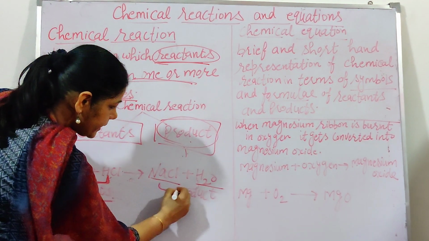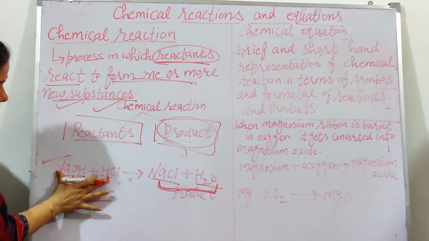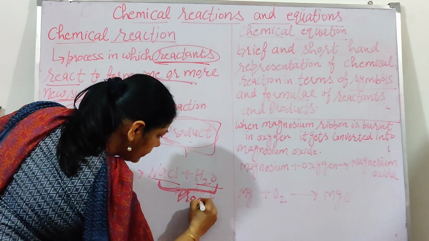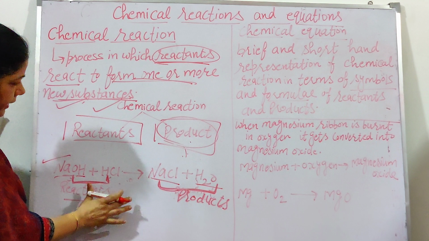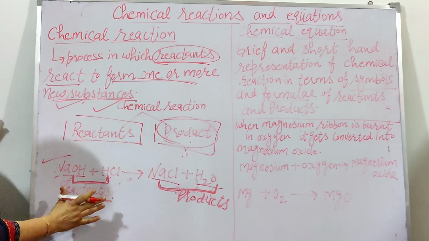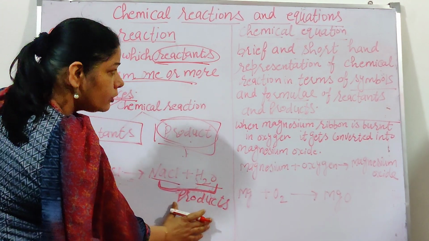And NaCl and H2O are the new substances formed after their reaction. These are called products. And we can say that a chemical reaction always consists of reactants and products. Left hand side reactants and right hand side products.